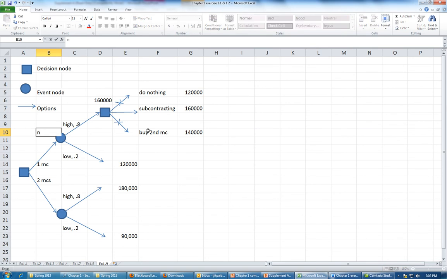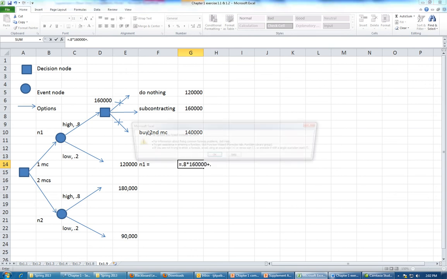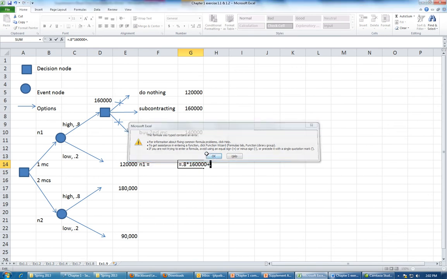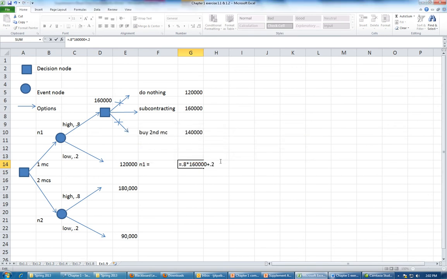One is node number 1, another one is node number 2. For node number 1, the outcome will be 0.8 times 160,000 plus 0.2 times 120,000.